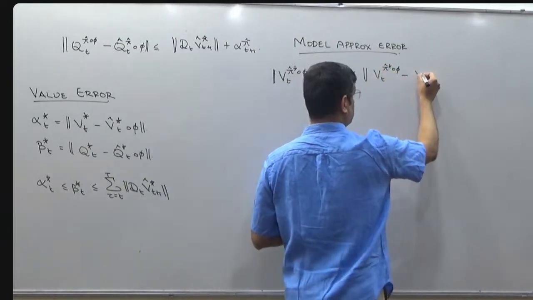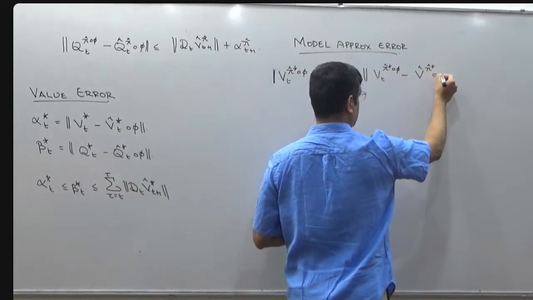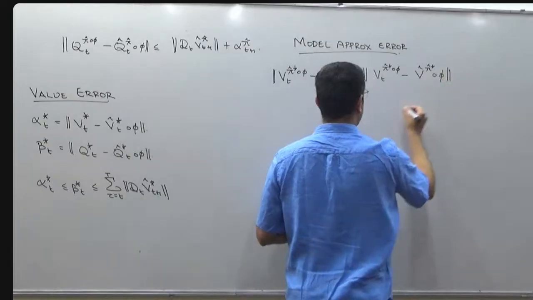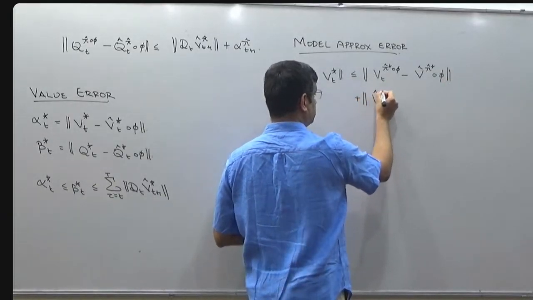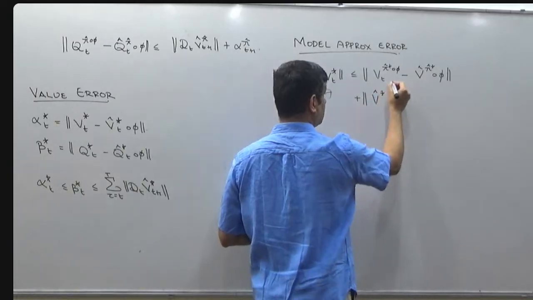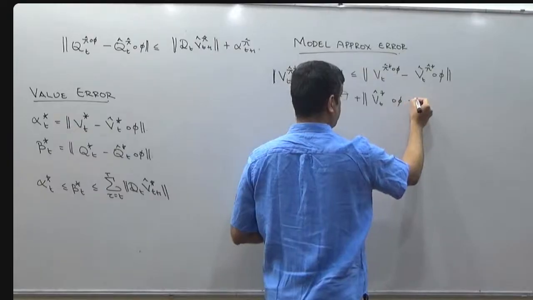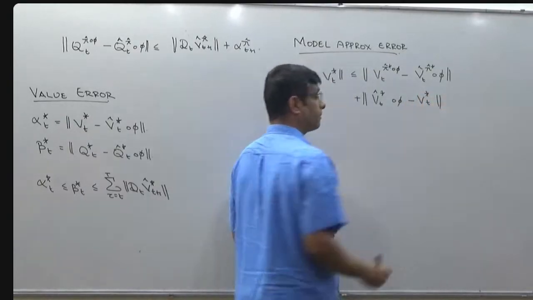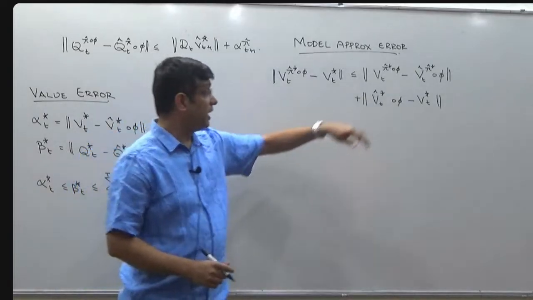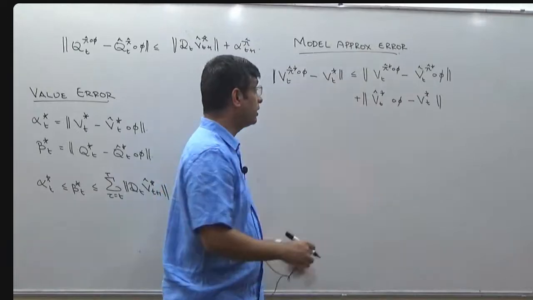I'll use V hat phi hat star composed with phi plus, use the fact that this guy is optimal, and I have obtained the bound on the first one and a bound on the second one.